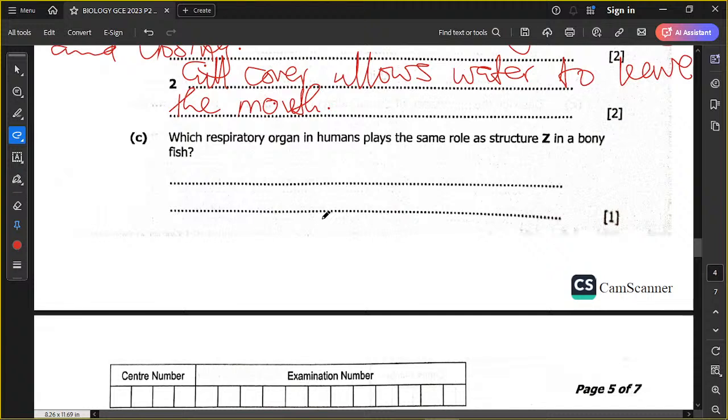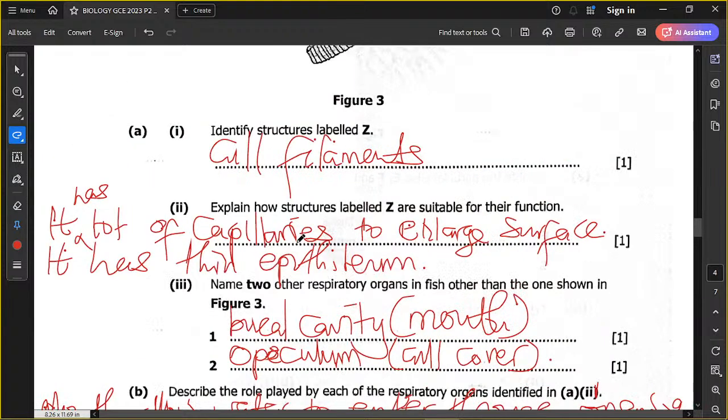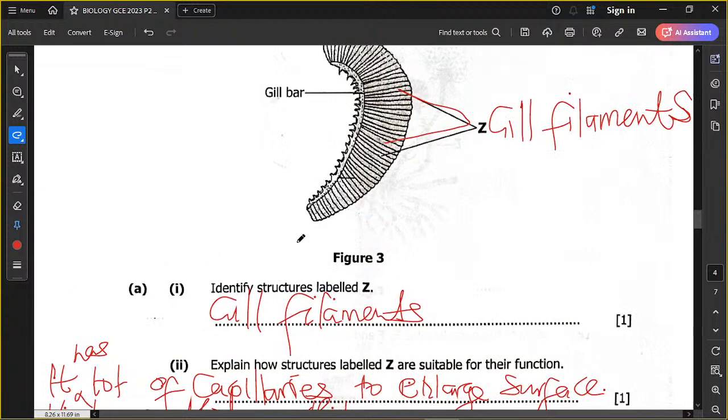Question C is which respiratory organ in human plays the same role as structure Z in a bony fish? So let's go to structure Z, which we identified as gill filaments. The function of gill filament is to extract oxygen from the water, isn't it?